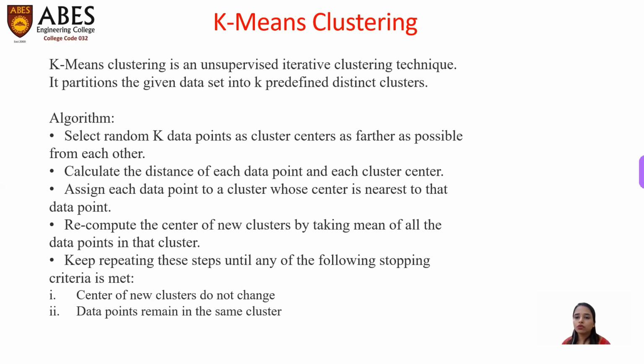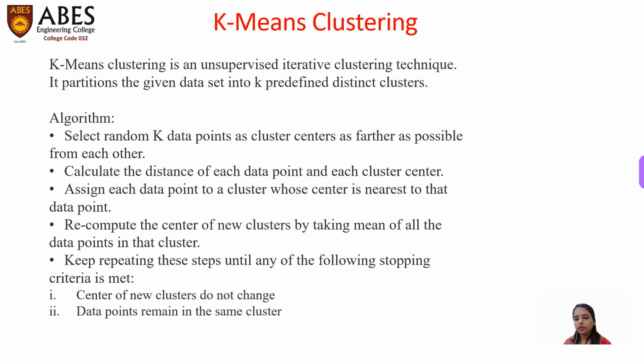Then we compute the mean of each cluster. In the first step, when we do not have any data point in the cluster, we just have a single data point in the cluster, so we can say that this is the center of the cluster.